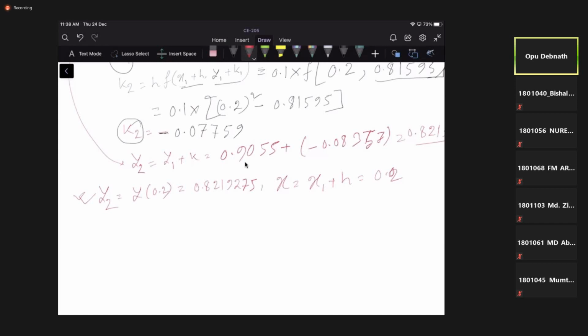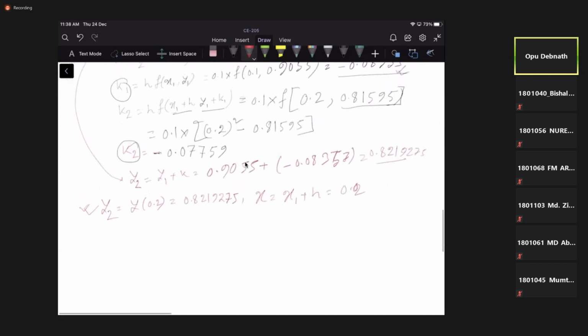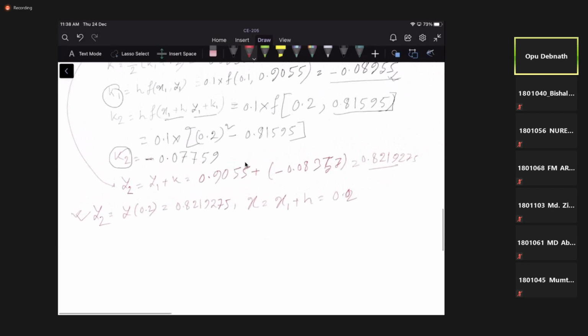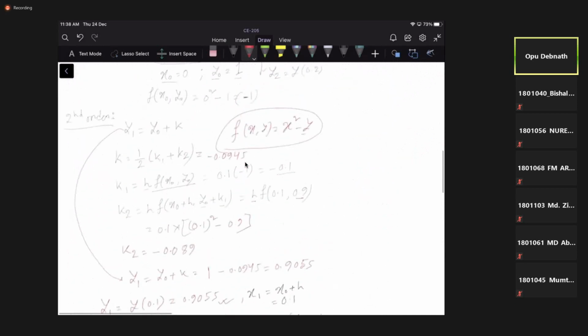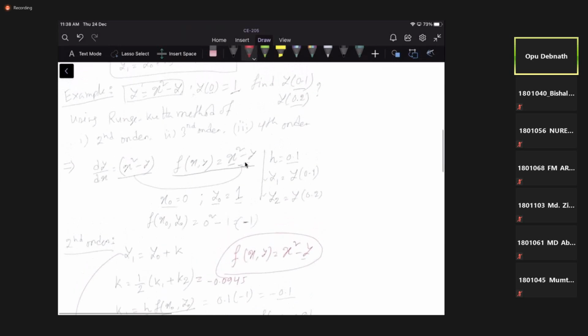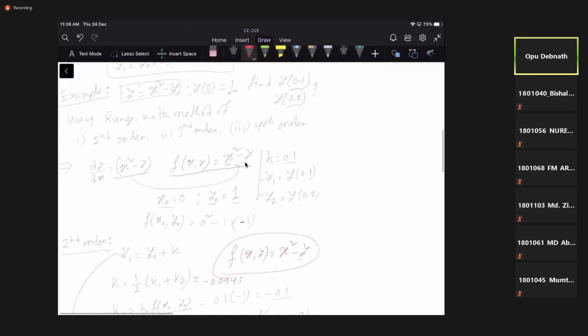I think you may solve this at home. You should try because the mathematical procedure is the same. At the very first step, you need to identify the function f of x, y.